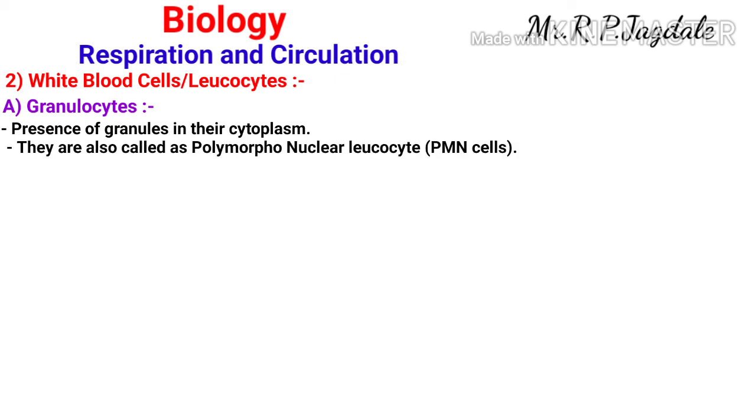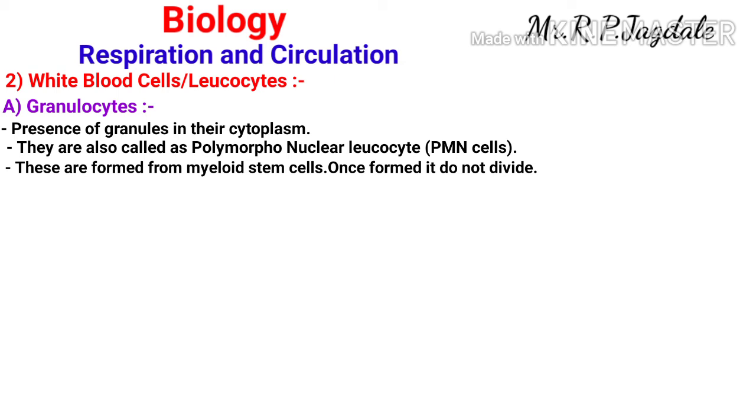They are also called polymorphonuclear leukocytes or PMN cells because they have polymorphism. There are three types of cells in the granulocytes. These granulocytes are formed from the myeloid stem cells, and once they are formed, they do not divide again. This is a special characteristic of the granulocytes.